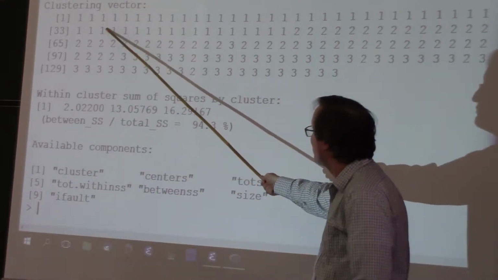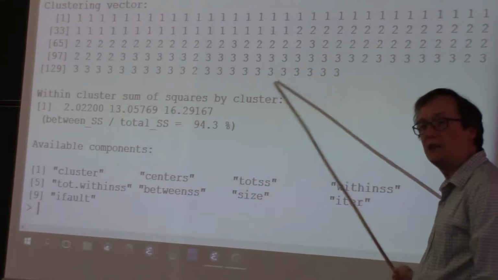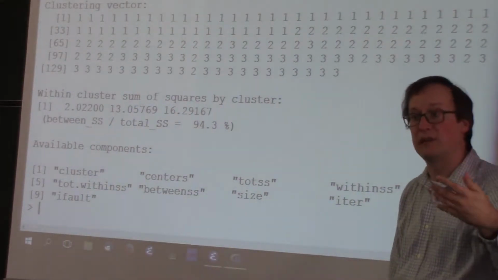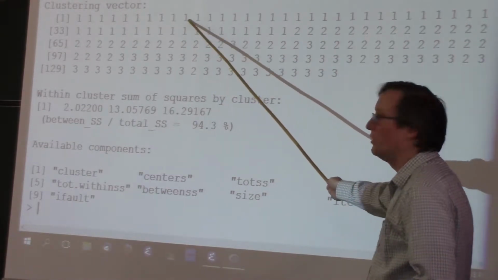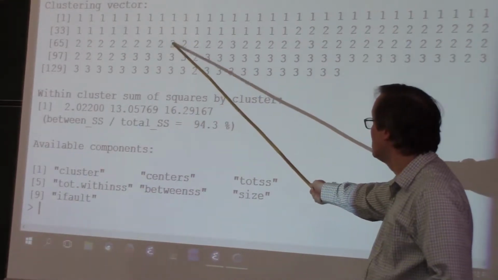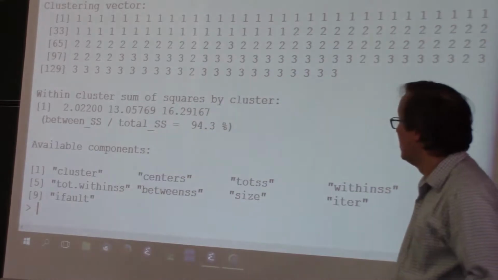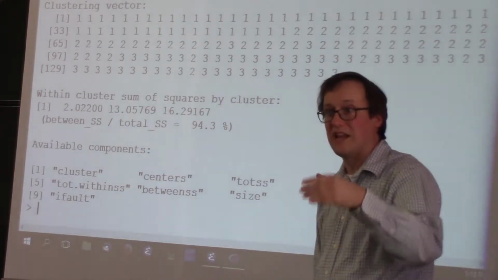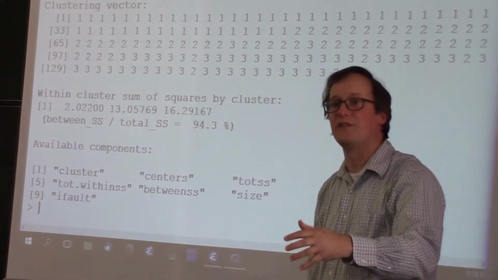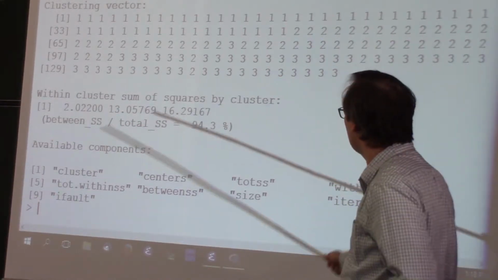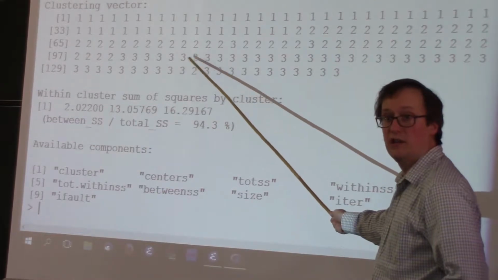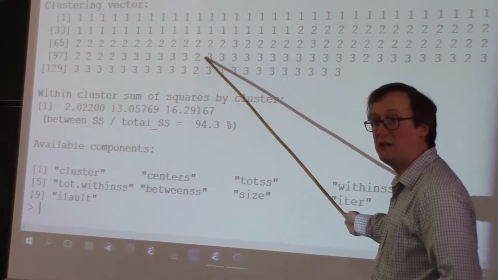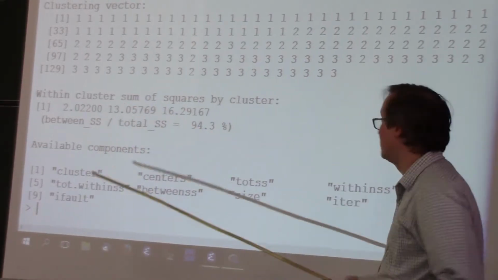And you can see that there's a vector here with 150 elements in it, and each of those 150 plants has now been given a rule. Was this part of group 1, was it part of group 2, or was it part of group 3? The way that the data are structured in the R object in the data set has all 50 of the first, and then all 50 of the second, and then all 50 of the third. So you can already see there are some errors here, that some of the associations between the clusters that were built out of KMeans disagree in where these should be.